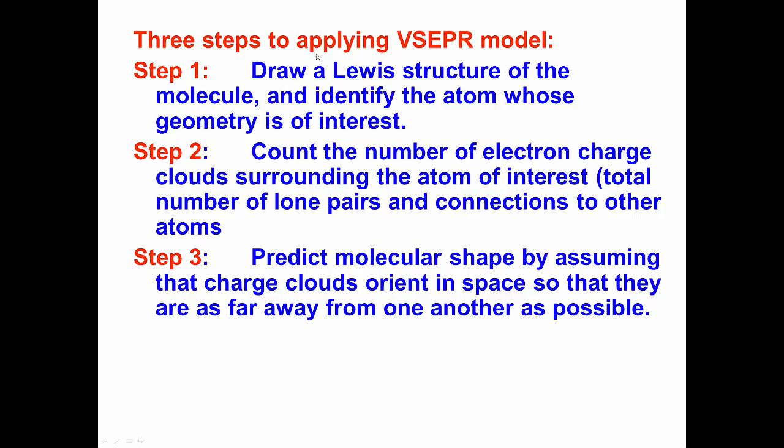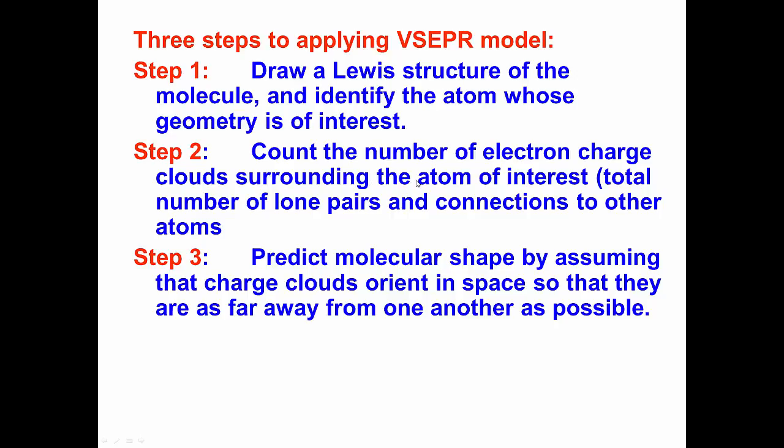So there are 3 steps to apply the VSEPR model. Number 1, you have to draw a Lewis structure of the molecule and then identify the central atom, or the atom whose geometry is of interest. Step 2, you have to count the number of electron charge clouds that surround the atom.